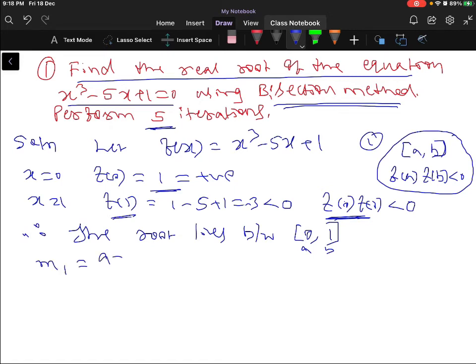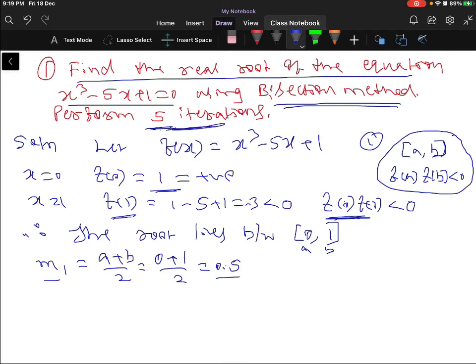We get m1 = (a + b)/2, that is (0 + 1)/2, which is 0.5. So m1 is 0.5.